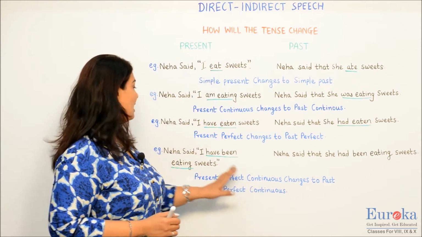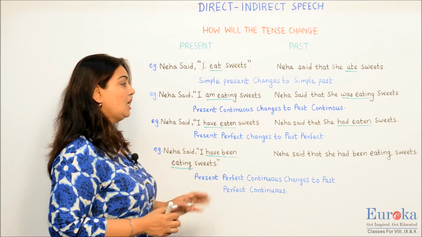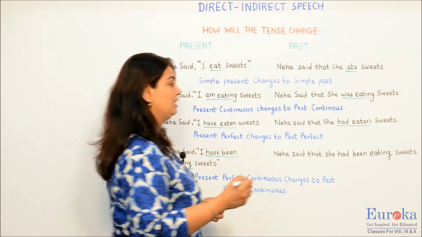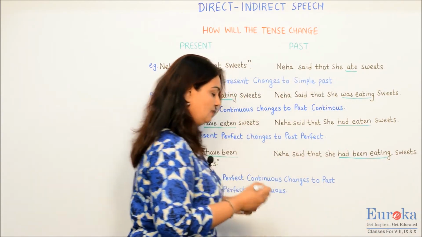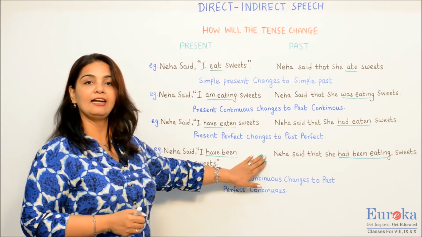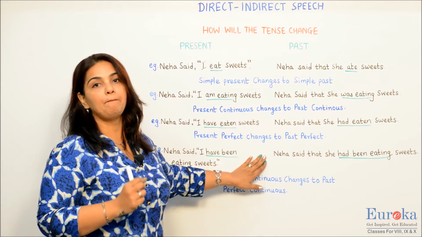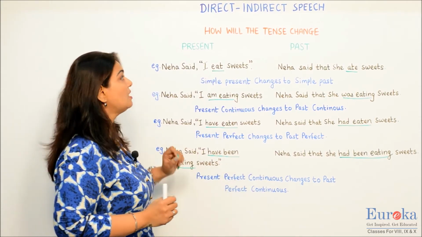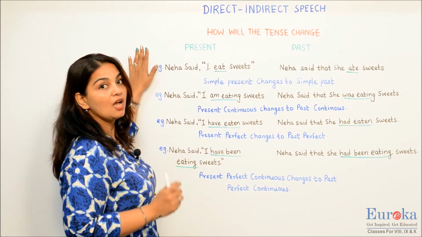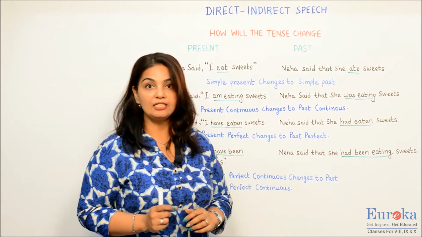So that means have been eating will be changed into had been eating. That means Neha said that she had been eating. So students, now this is how you will be changing your tense when you convert a direct speech into an indirect one.